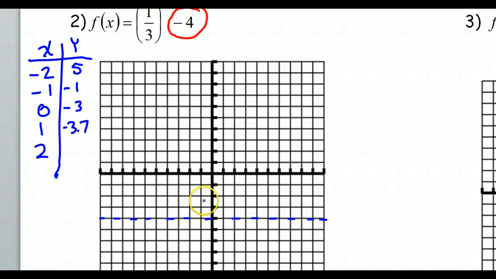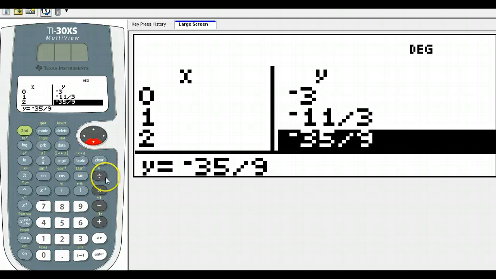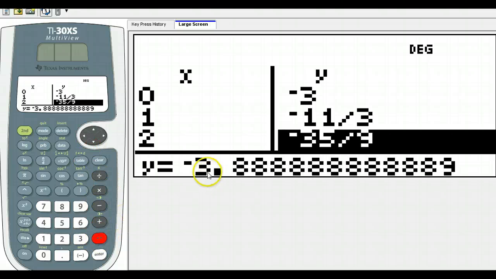We know that as we go to the right, this curve should be getting closer and closer to -4. So I'm expecting, I'm already very close to -4 right now, so I'm expecting this is going to be -3.9 or something like that. Okay, so I go down again, toggle it, and sure enough, -3.88. Okay, that's basically -3.9.